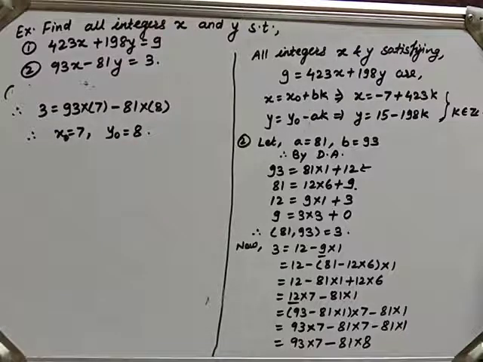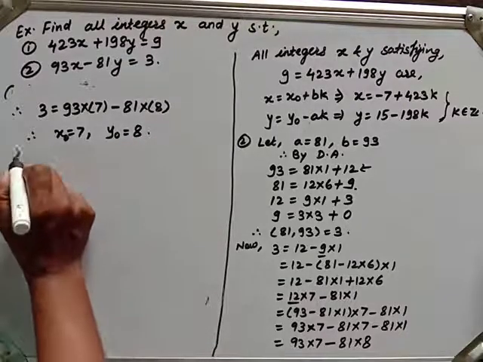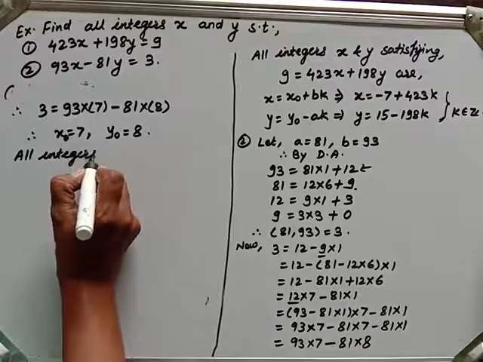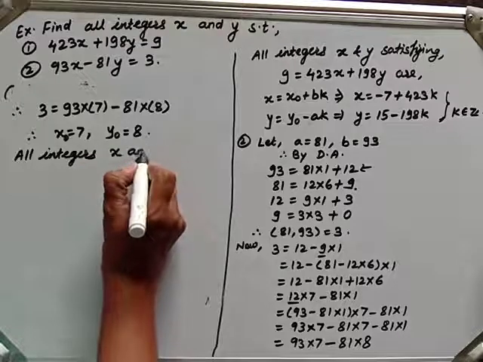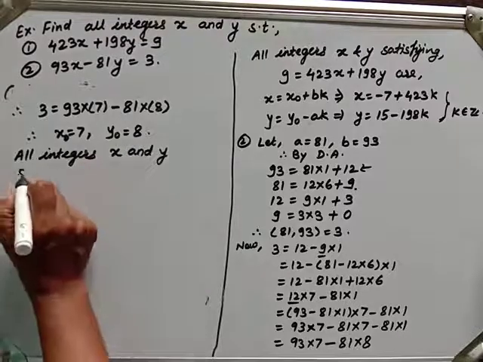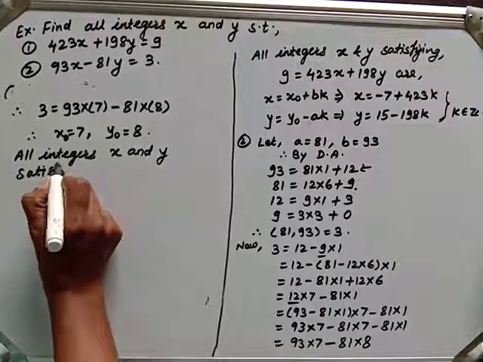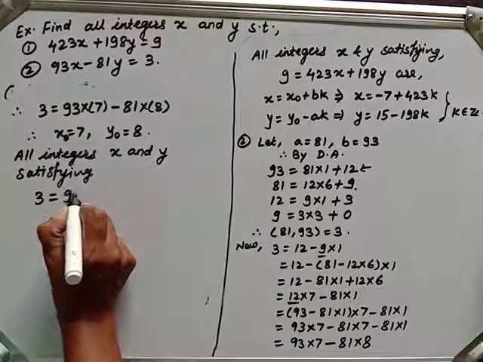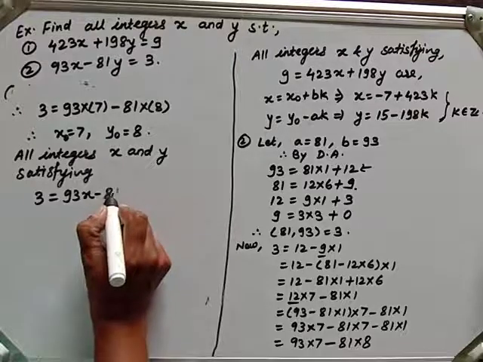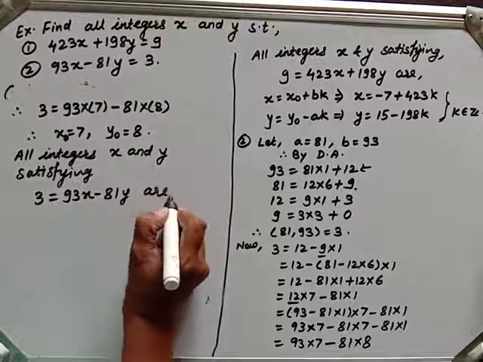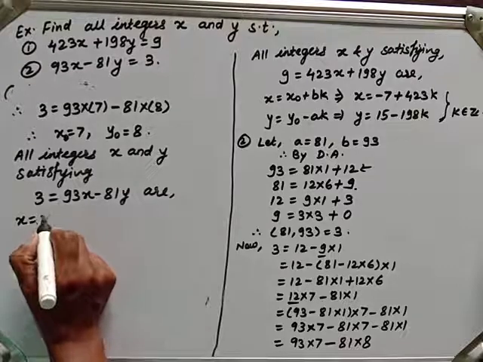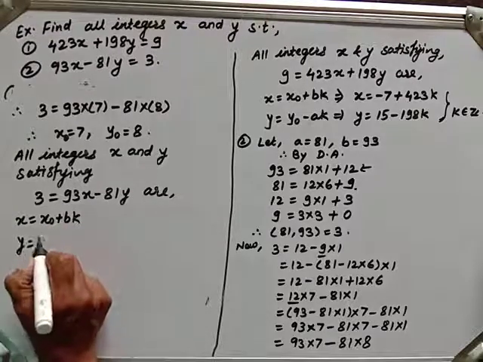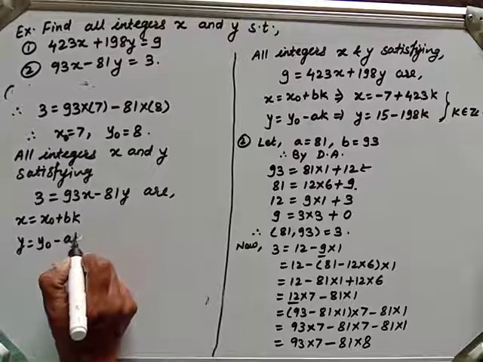So all integers x and y satisfying 3 equal to 93x minus 81y are x equal to x naught plus bk and y equal to y naught minus ak.